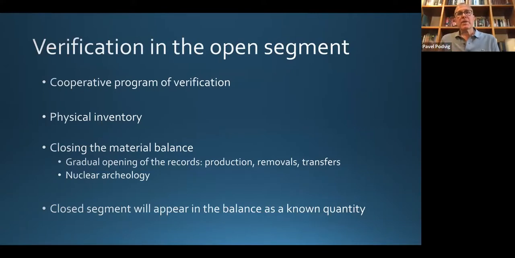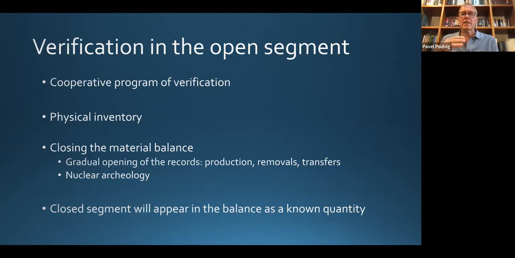At the same time, in the open segment, you do your normal thing. You establish a verification program, you do the physical inventory, you close the material balance, you look at the records, you do nuclear archaeology, you do everything.